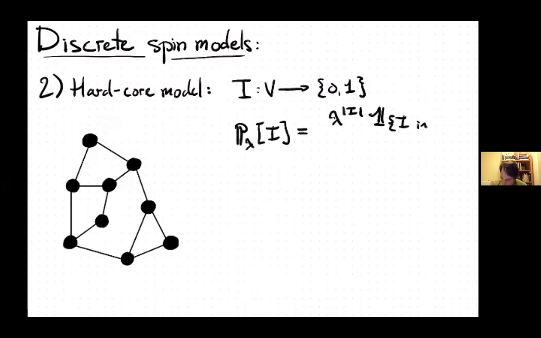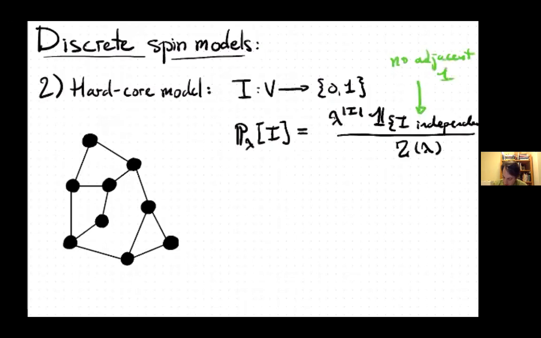And then I require that the set is independent, and I normalize. And independent means no adjacent ones.